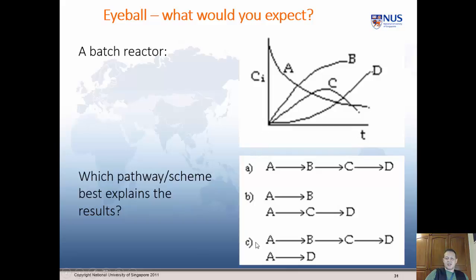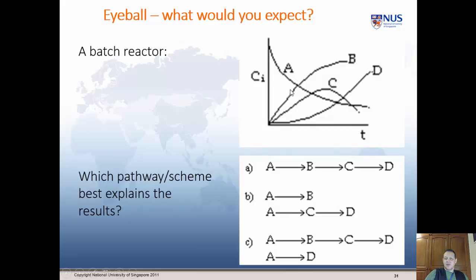If we go to C, we expect the previous type of form, but here we've also got A going directly to D. So in fact, you'd have a constantly rising D right from the beginning. There would be no lag, and then you'd have complicated structure underneath. Instead, route B looks the most likely.